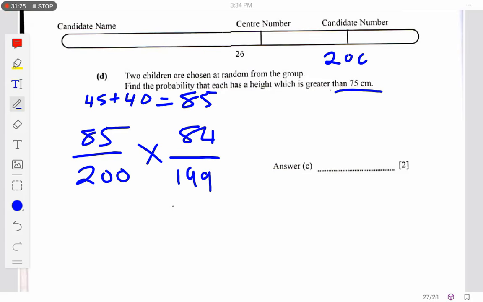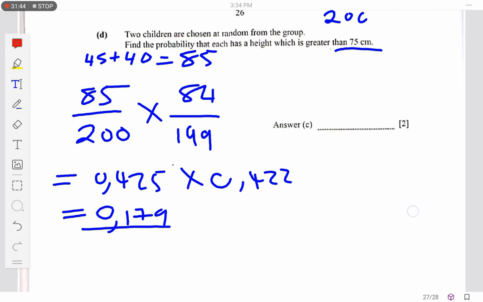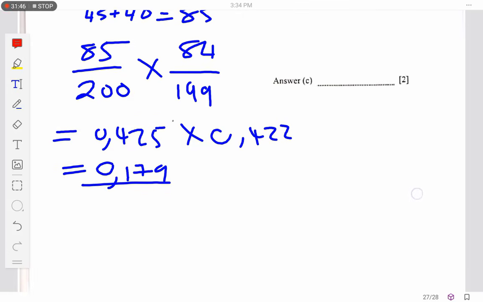So we now multiply this. 85 divided by 200, that's 0.425, times 84 divided by 199 is 0.422. So at the end of the day, we're getting 0.179. This is the probability of the heights greater than 75.